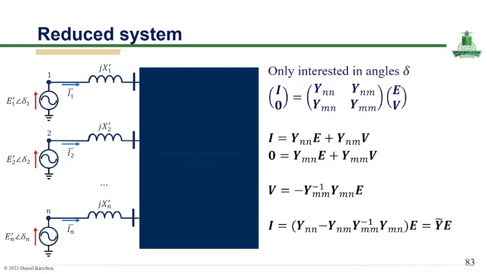By setting the injected current at non-generator buses to zero, the bus voltage vector V can be expressed in terms of the generator internal voltage vector E. Substituting this relationship back into the generator current equations produces a reduced admittance matrix Y, which directly relates the generator currents to the internal generator voltages.